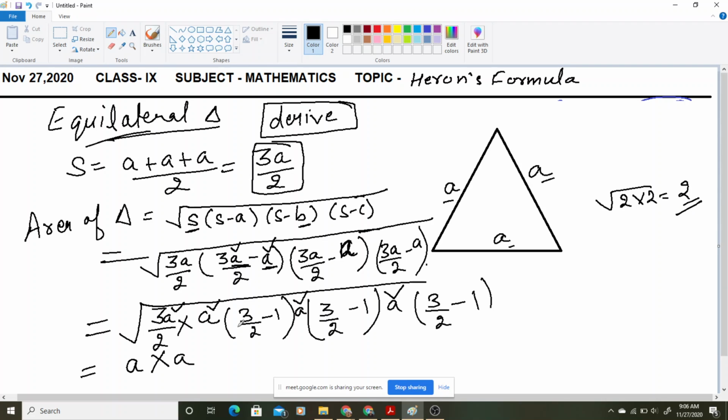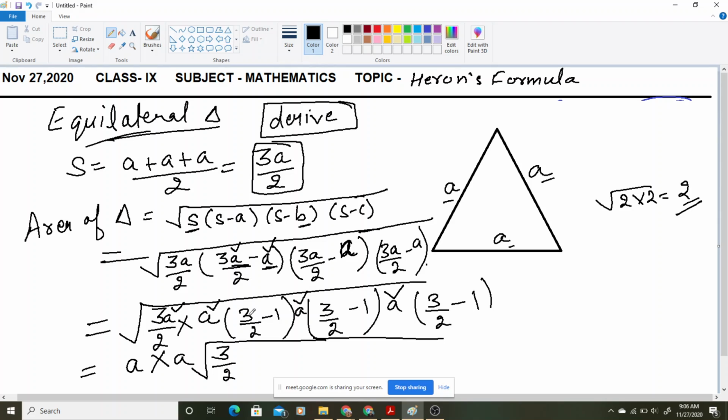So the same thing, A into A, I am writing A outside the root. Again A into A, I am writing A outside the root. Then inside, what am I left with? It will be 3 by 2. Here we are left with 3 by 2.